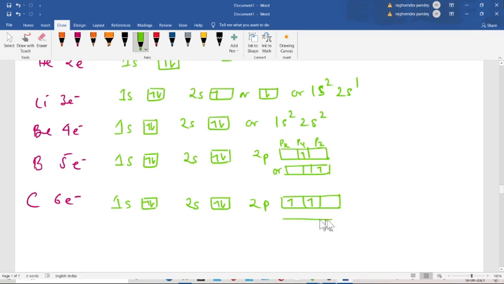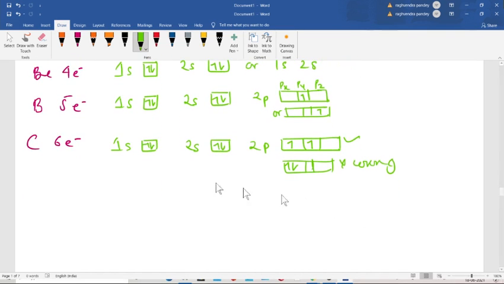If you fill it like this, that is wrong. Don't fill it like this. That is the wrong filling. That is the correct one. Then comes nitrogen. Nitrogen also has the same problem.